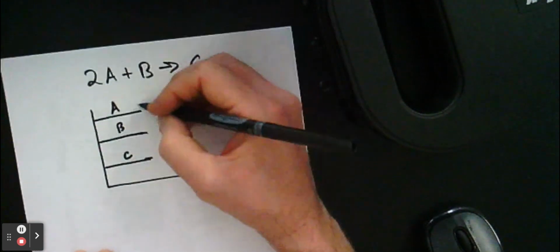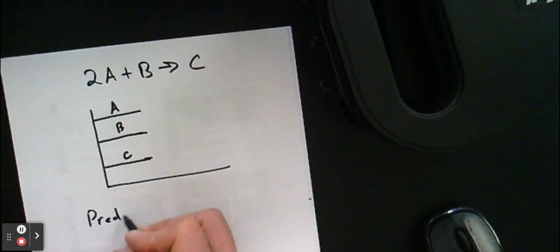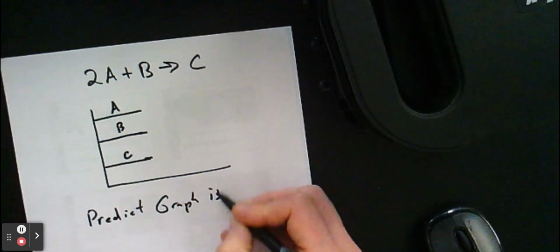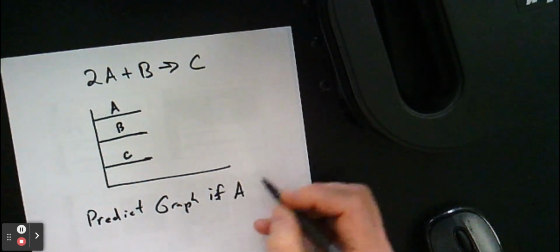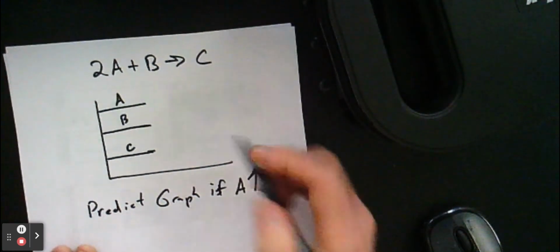What's going to happen to the concentration? Let's say these are the equilibrium concentrations. Let's say we predict the graph if A is added. Okay? So what's A going to do?